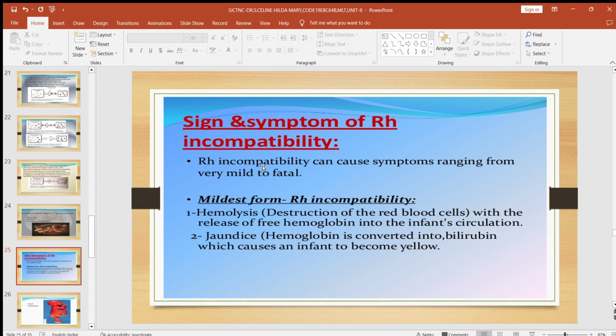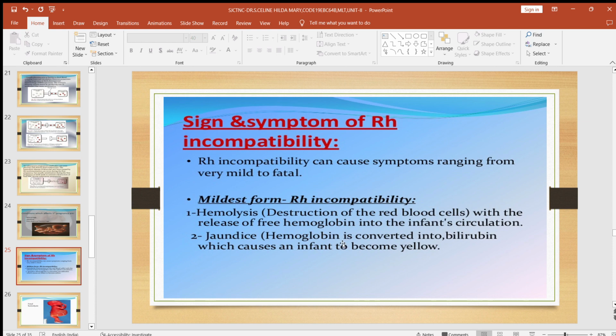Next, we will move on to the signs and symptoms of RH incompatibility. RH incompatibility can cause symptoms ranging from very mild to fatal. The mild form of RH incompatibility leads to hemolysis and jaundice. In hemolysis, there is destruction of red blood cells with the release of free hemoglobin into the infant's circulation.